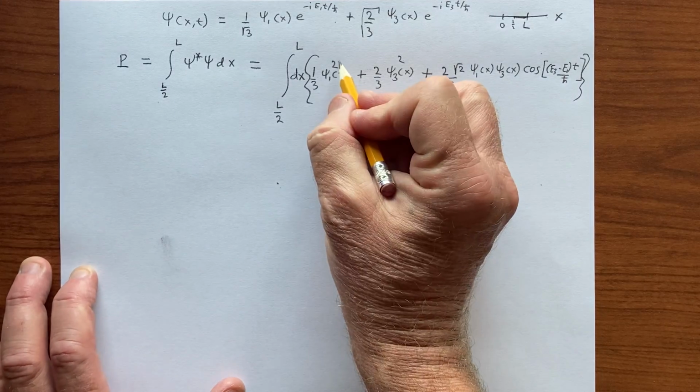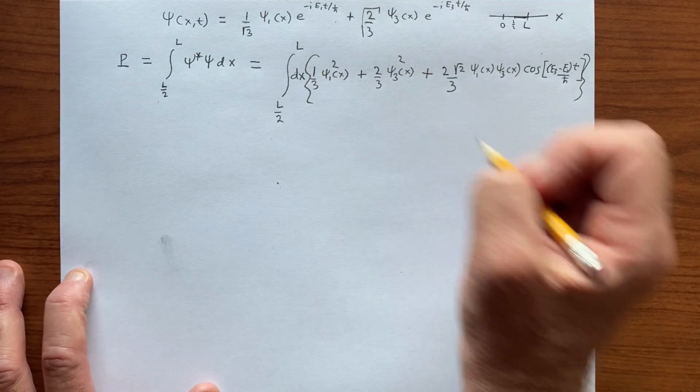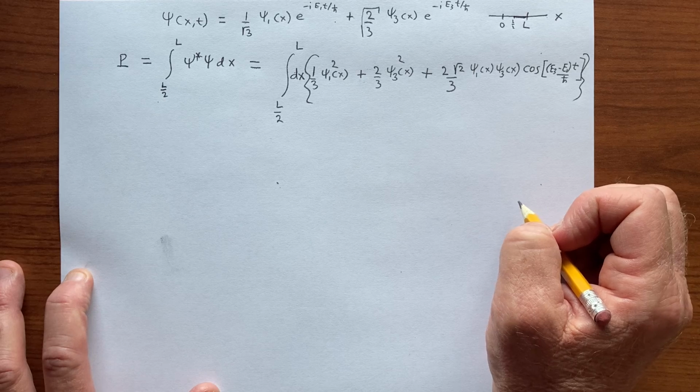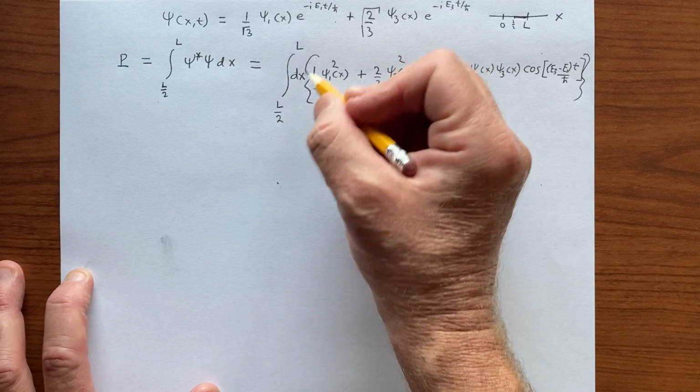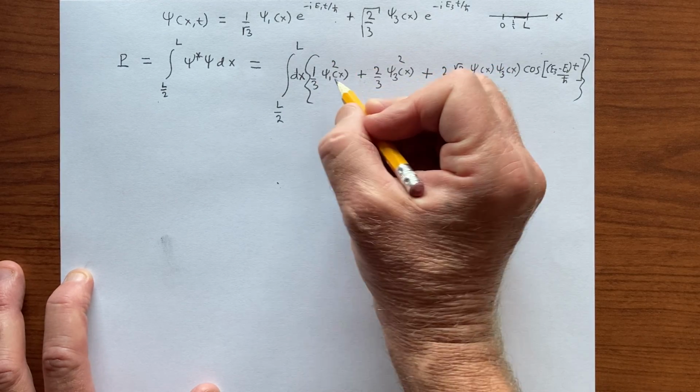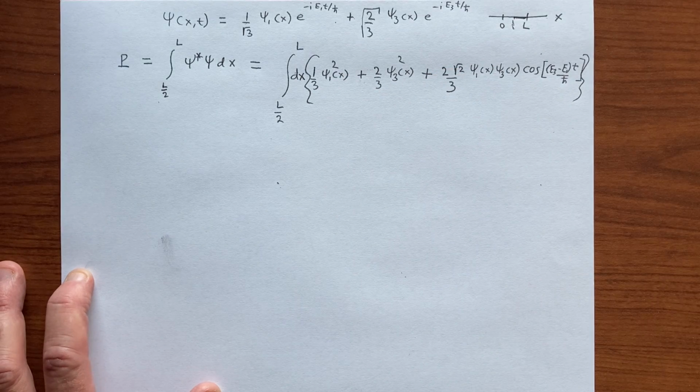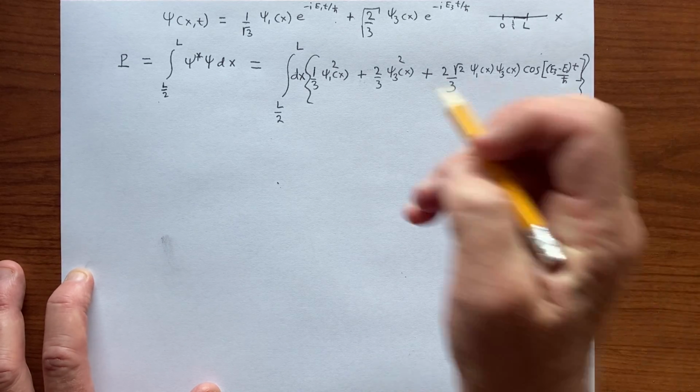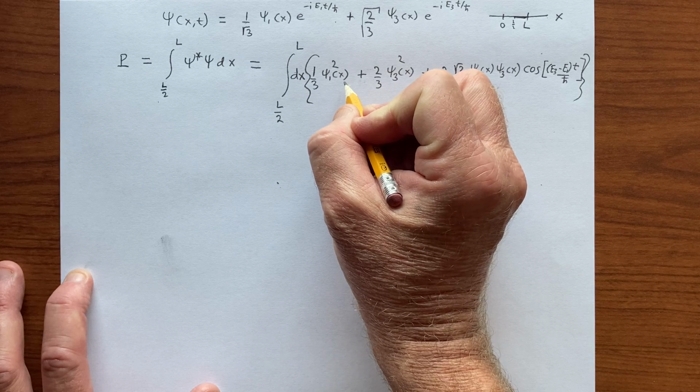Well, we have this first term. Of course, if we integrate from 0 to L, then psi 1 is orthonormal. When we integrate that, we just get 1. But the function has definite parity, so we must get that each side is the same.